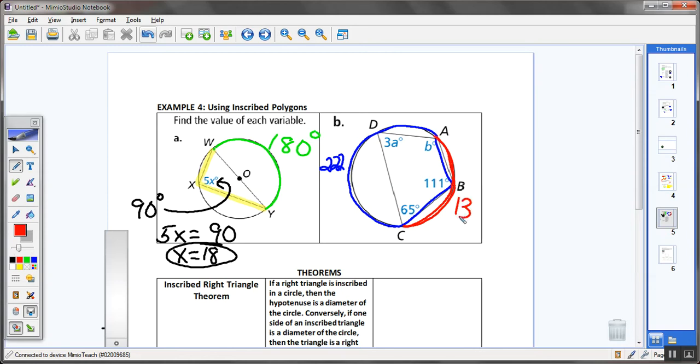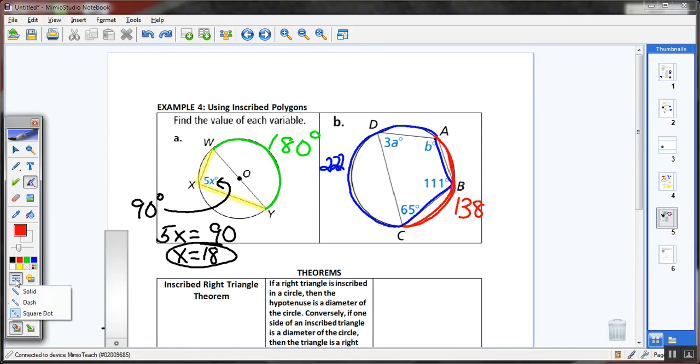Okay. Quick question here. Watch what I do. Isn't this angle in red? Doesn't it subtend this angle right here, angle D?